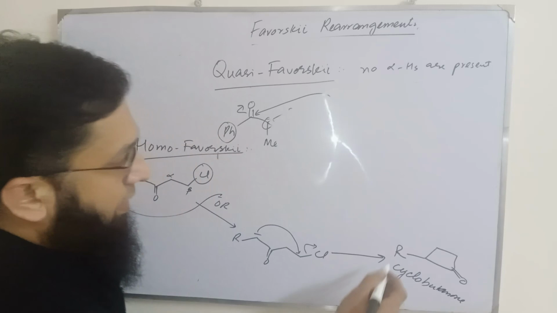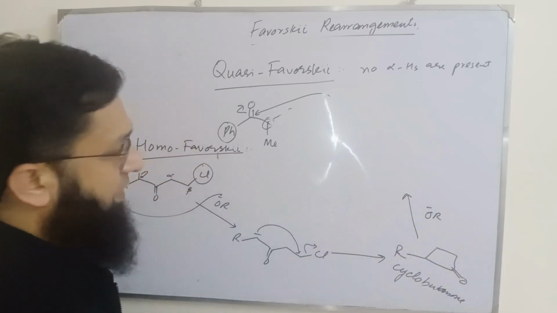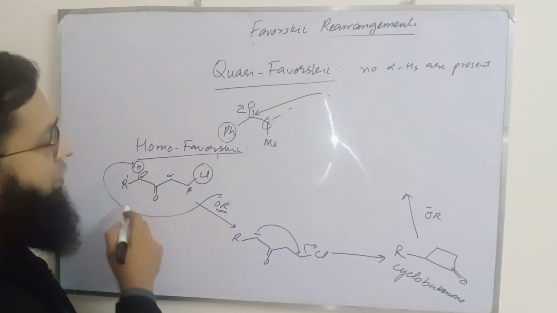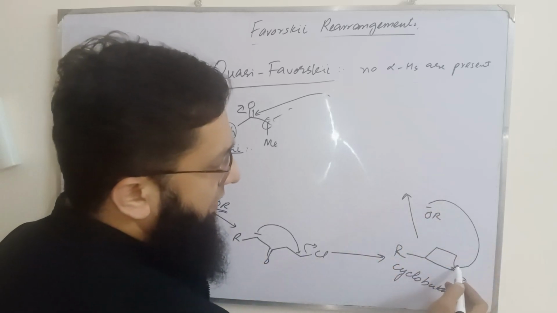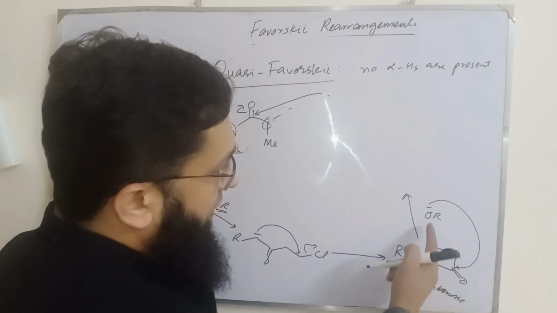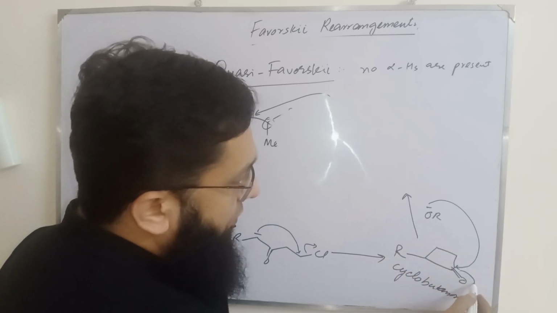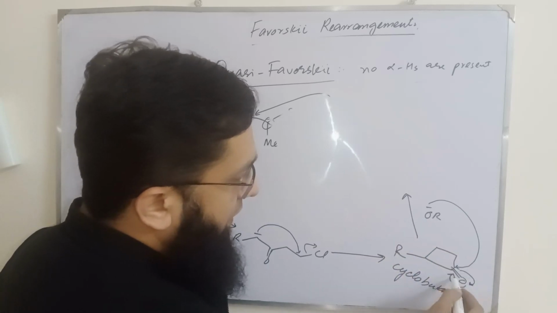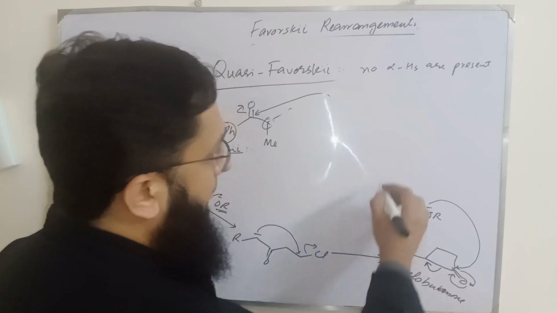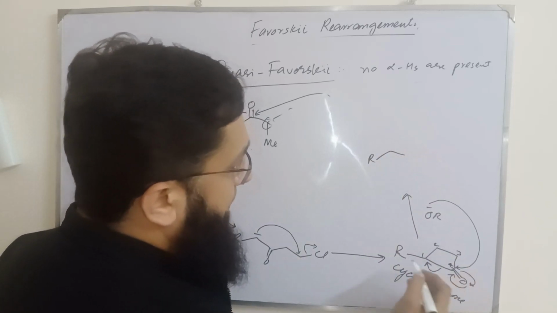And in the next step, we use the same species as a nucleophile. In the first step it is used as a base because it is taking the proton. In the next step it is attacking the electrophilic center, so in this case it is a nucleophile. So this alkoxide would attack here, this would go up, come down, and one of these two bonds would break, for example this one, and as a result this is 1 2 3 4.